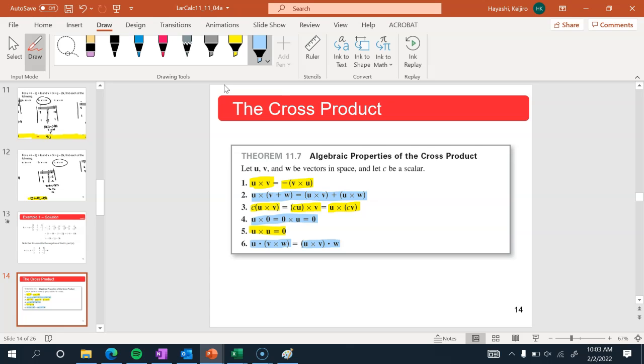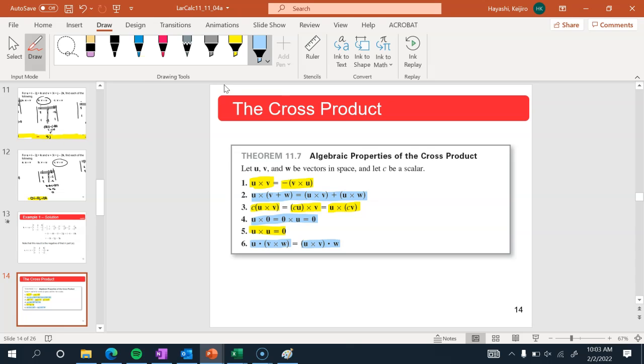I will say that the cross product does have to happen first because, if you remember, the dot product returns a scalar. What a dot product produces is a scalar.